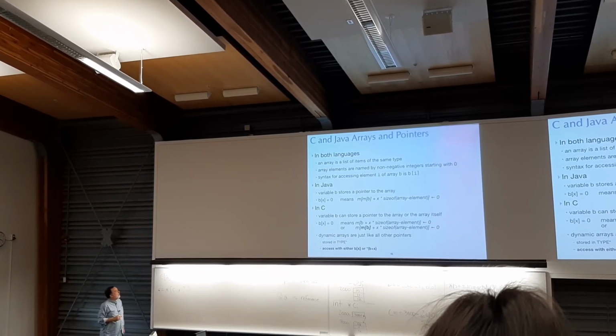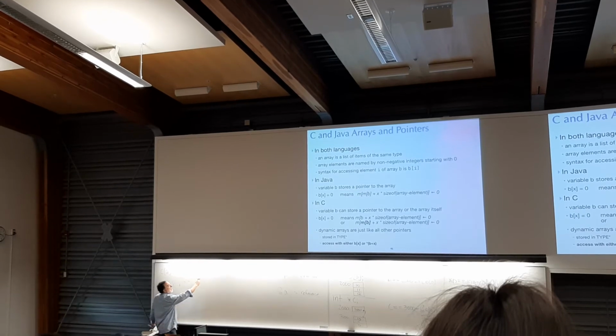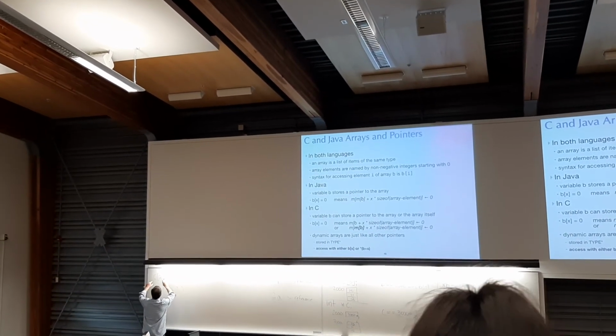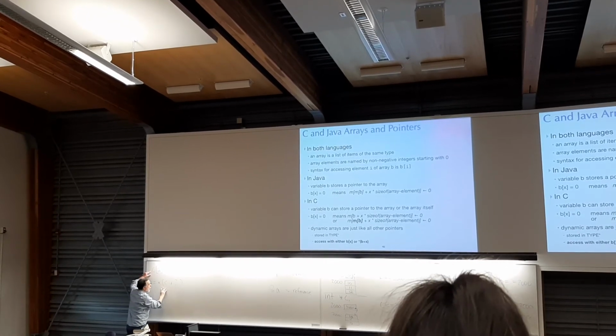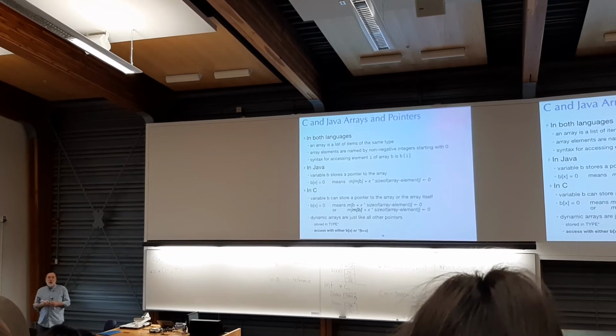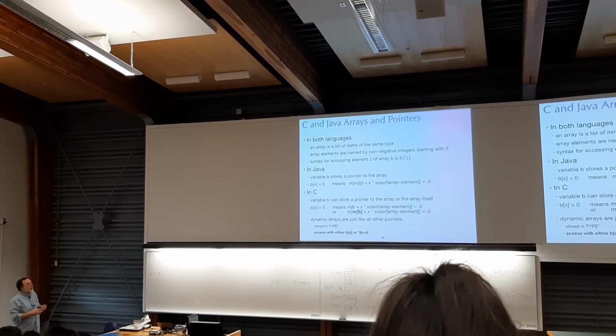That makes sense? Just like I said here, C sub 0 is the same as star C. Here I want to say C sub 2 is the same as star C plus something. I want you to discuss for a minute what you think should be there.